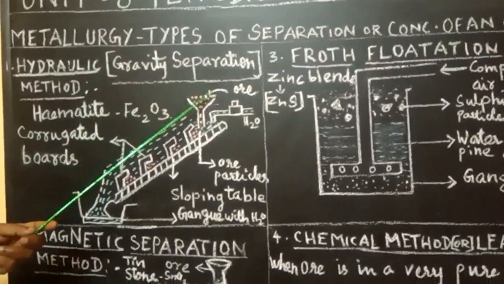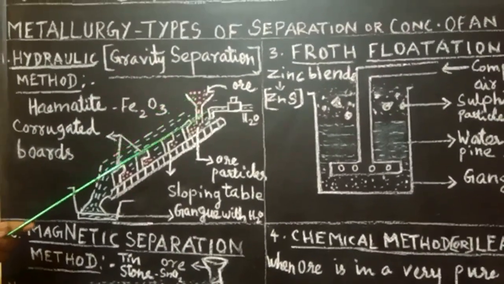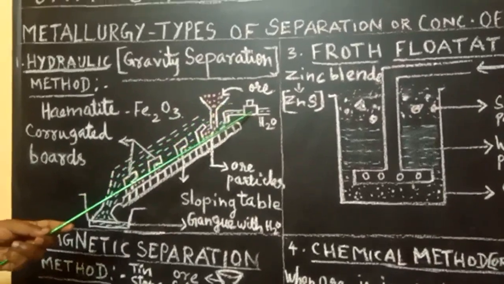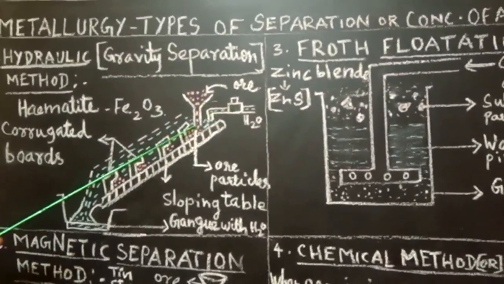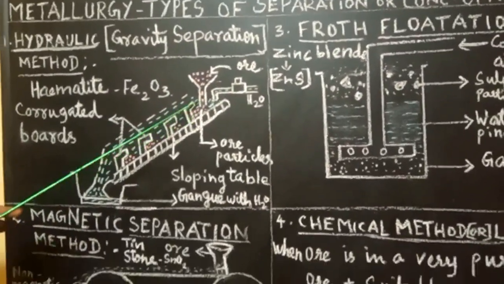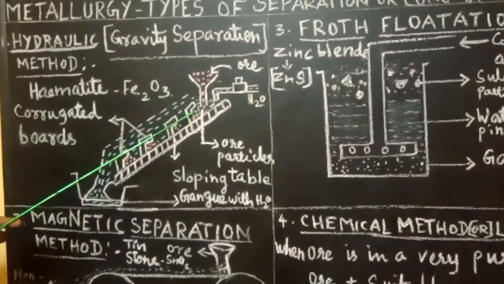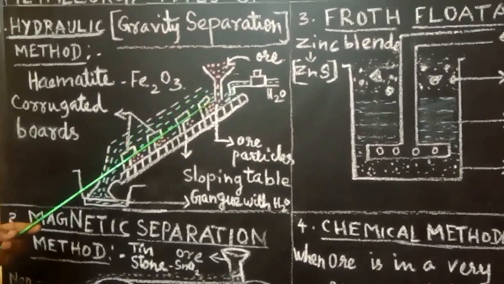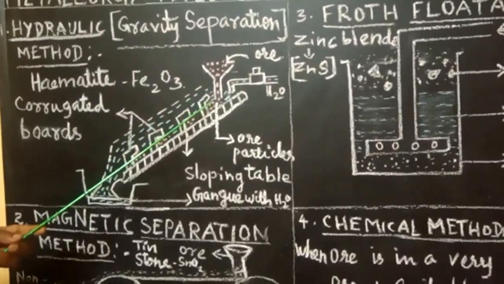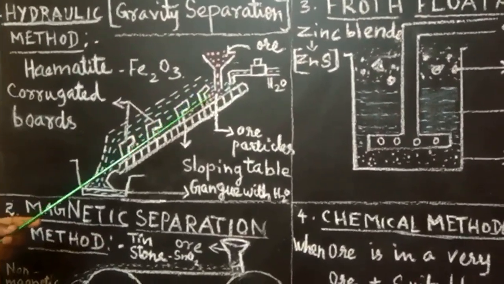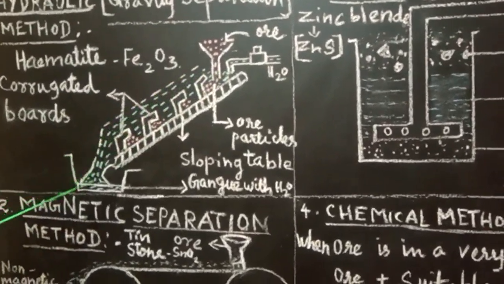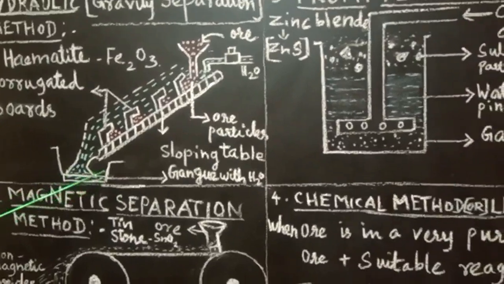We pour this powdered ore onto this sloping table. Next we allow water to pour over this ore. When we allow this water, heavier metallic ores are settled in the grooves and lighter particles are washed away with water.